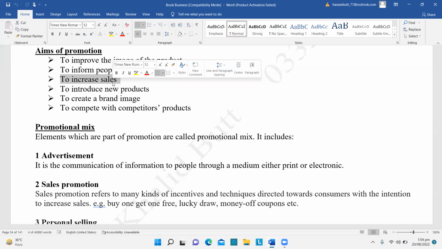For example, a customer pays a visit to a shop, right? And now wants to buy a product. So that person needs to be attended carefully by the sales staff which is present there. And that sales staff must provide them personal attention. And that is what we call personal selling.